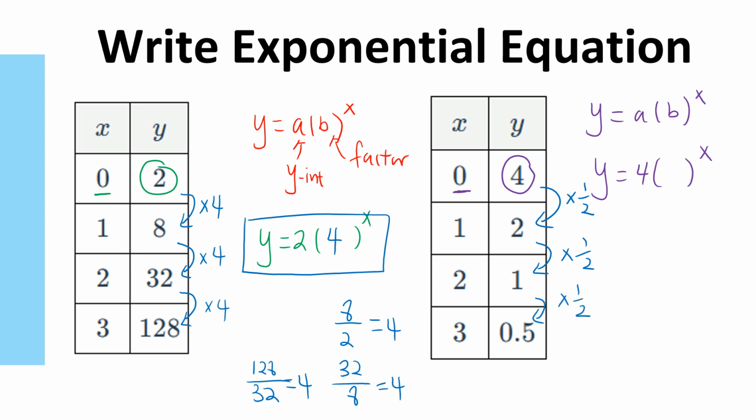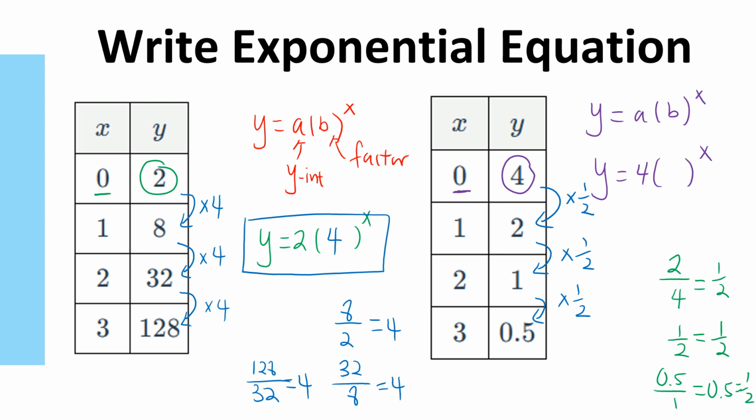Again, if you're not sure how we got 1/2, you simply take the second number, which is 2, divided by the number above it. So 2 over 4 is 1/2. 1 over 2, take the third number divided by the number above it, is also the same thing, 1/2. And then 0.5 divided by the 1 above it is also 0.5, the same thing as 1/2.